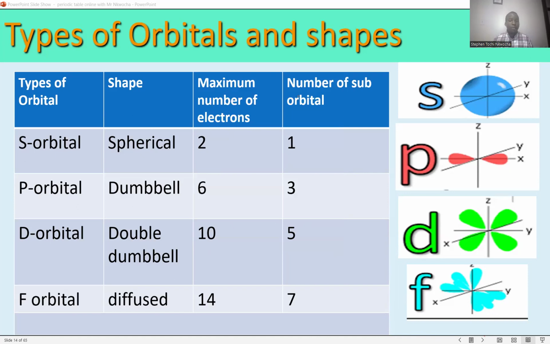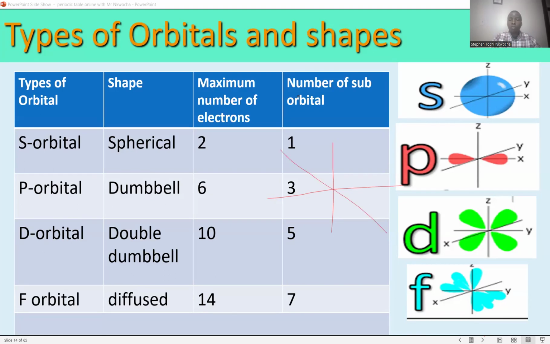Okay. So WAEC asks you about the shape. S orbital is spherical, and P orbital is dumbbell. You can see on my screen, I deliberately drew only one shape of the P orbital, because I can draw P orbital in different ways. So don't suffer yourself drawing everything. Some people I usually tell, say I have the X, Y, and Z axis.